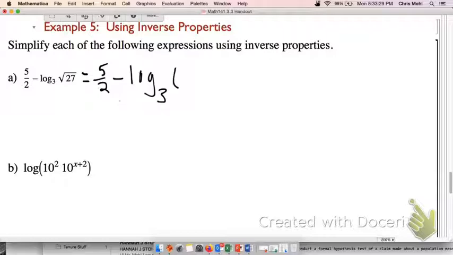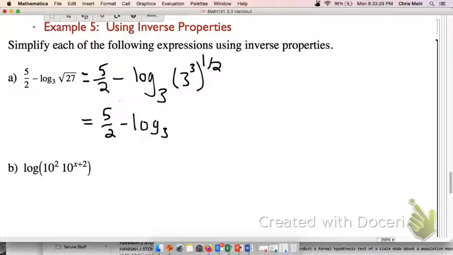First of all, 27 is 3 cubed, and the square root is the same as a 1/2 power. Then when you raise a power to a power, you multiply, so the 3 cubed to the 1/2 would become 3 to the 3/2 power.